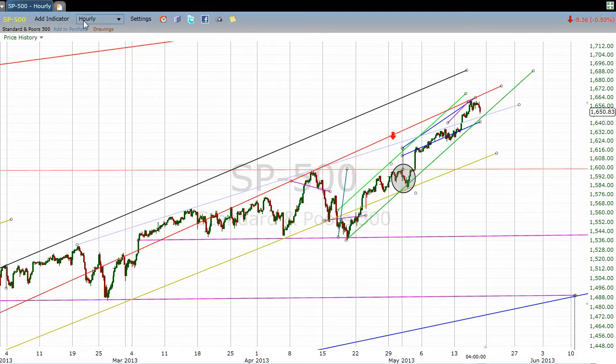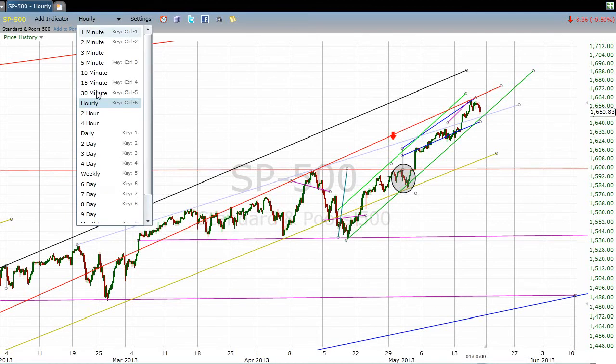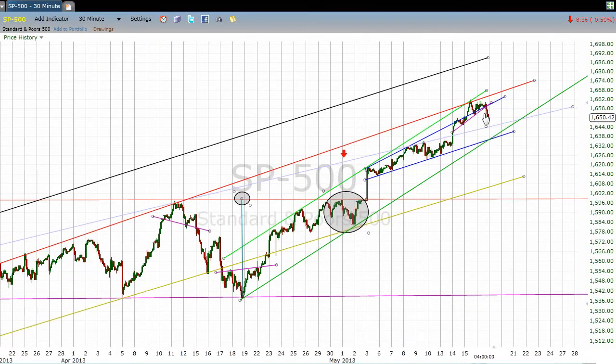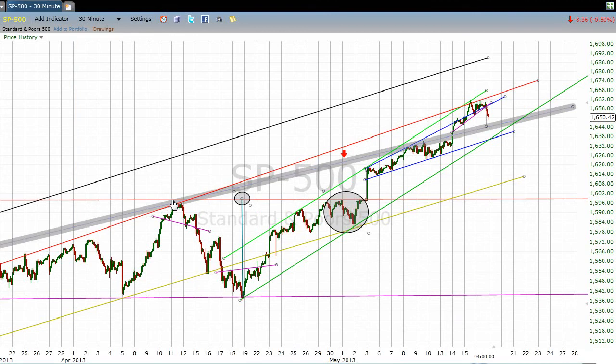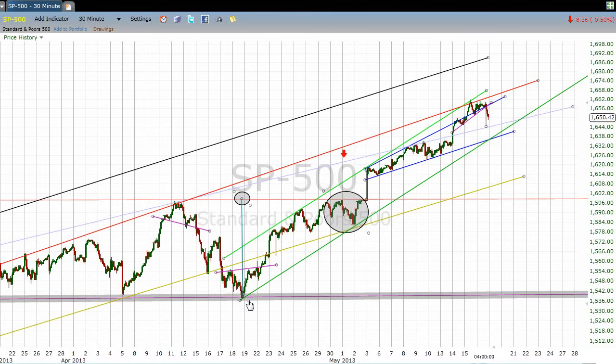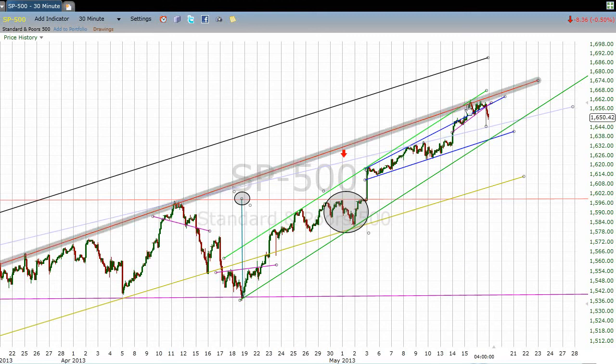Maybe that line jumped around on me just a little bit yesterday too, making it look like maybe there's one little candle that got over it. But for all practical purposes, the line was tagged as it was back in April. That set off a sell-off that lasted about 6 days. So if that were to happen here, you could say that the selling would have begun yesterday around midday, because that's where the high was on the tag of this line.